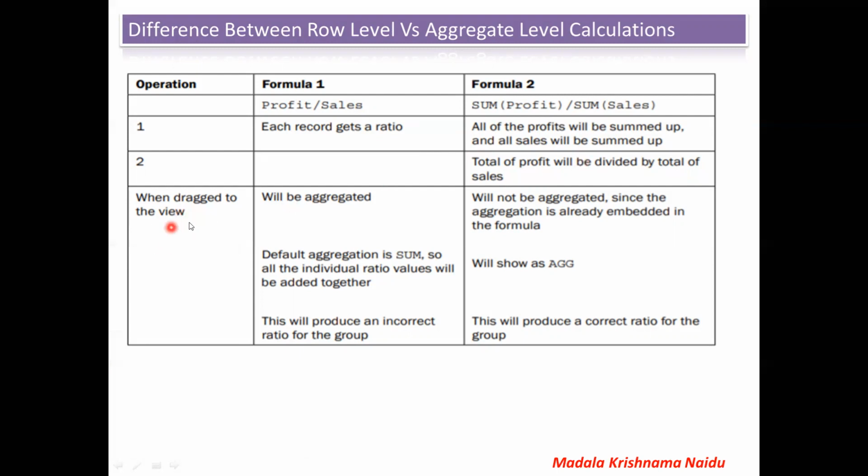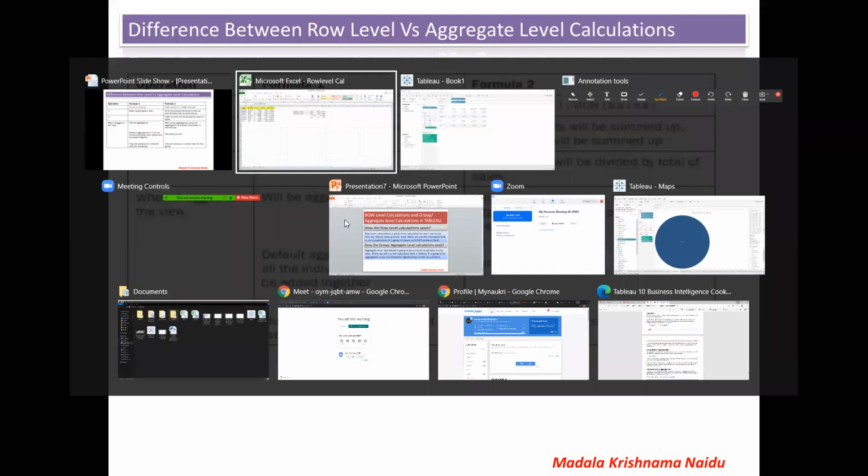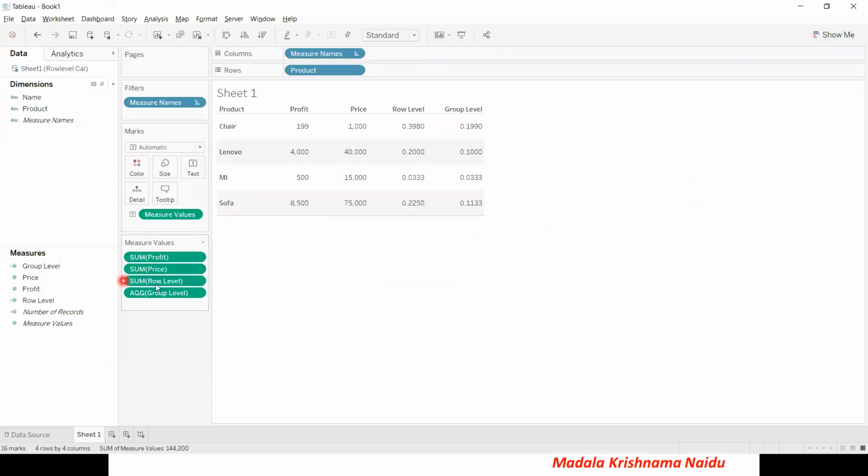When we drag it into our visualization, what happens is it will be aggregated. Whenever it is a row level calculation, it is going to be aggregated. As we know, the default aggregation is sum. That's where we can say in Tableau the default aggregation is sum for row level calculations.